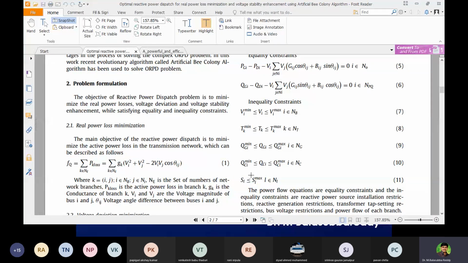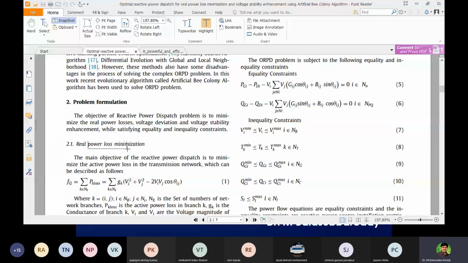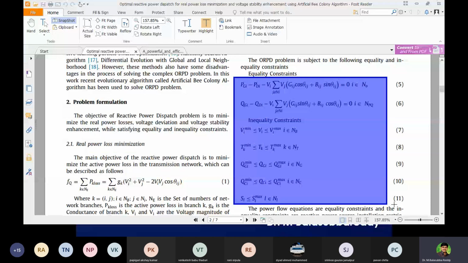So for each line they will specify the rating of the transmission line. While you are minimizing these objectives, you should not deviate from these parameters. You must and should fulfill this, and only then can you minimize the cost, or minimize the loss, or minimize the voltage deviation, or improve the power system stability, or minimize the severity.